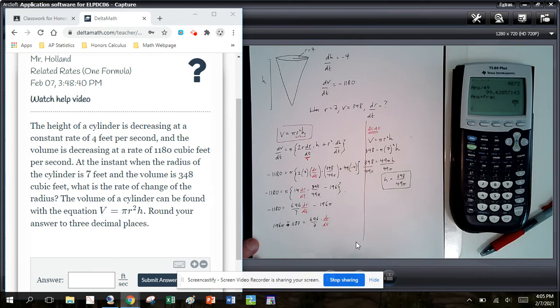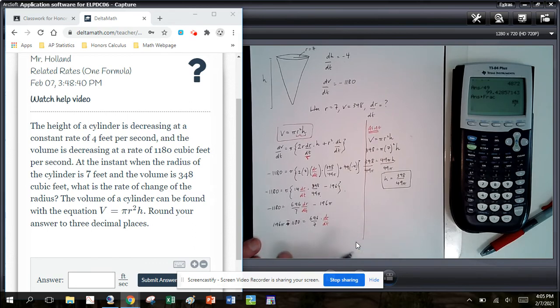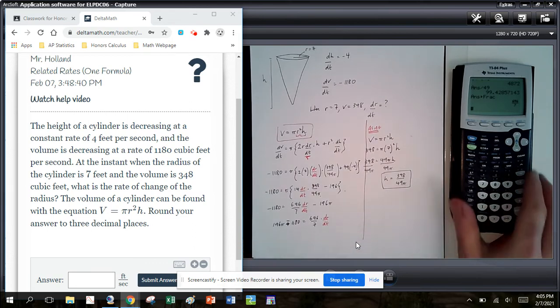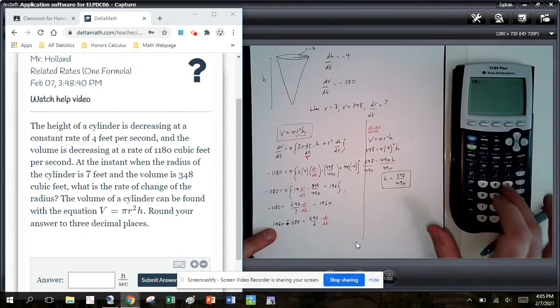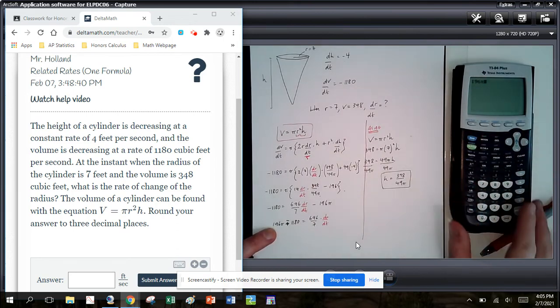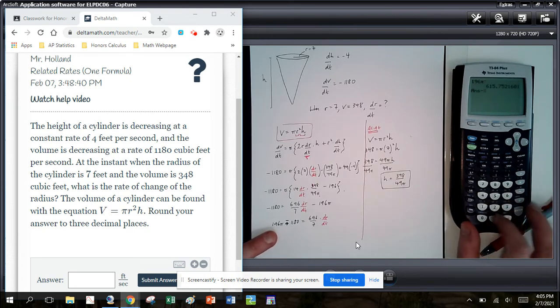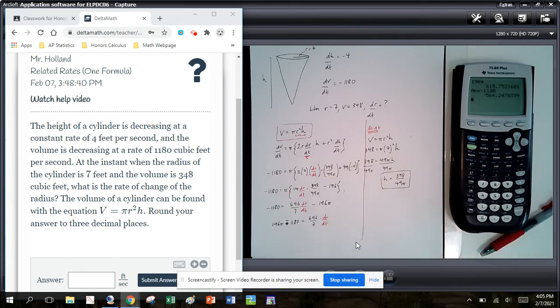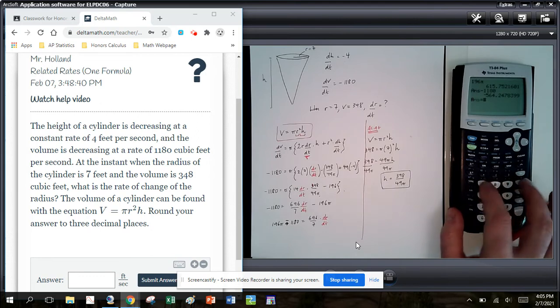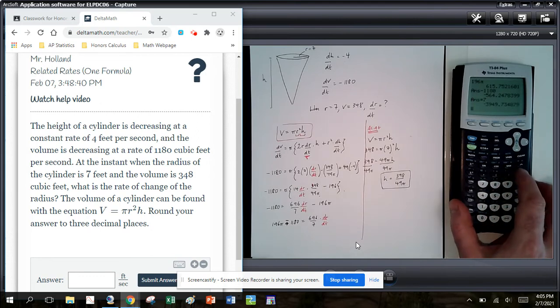So here's where I pretty much can start to simplify things a little bit. Let me show you how I'm going to do that. I'm going to take my 196, multiply that by pi, and then minus 1180. And then I want to be dividing by 696 over 7, which is the same as multiplying by 7 and then dividing by 696.